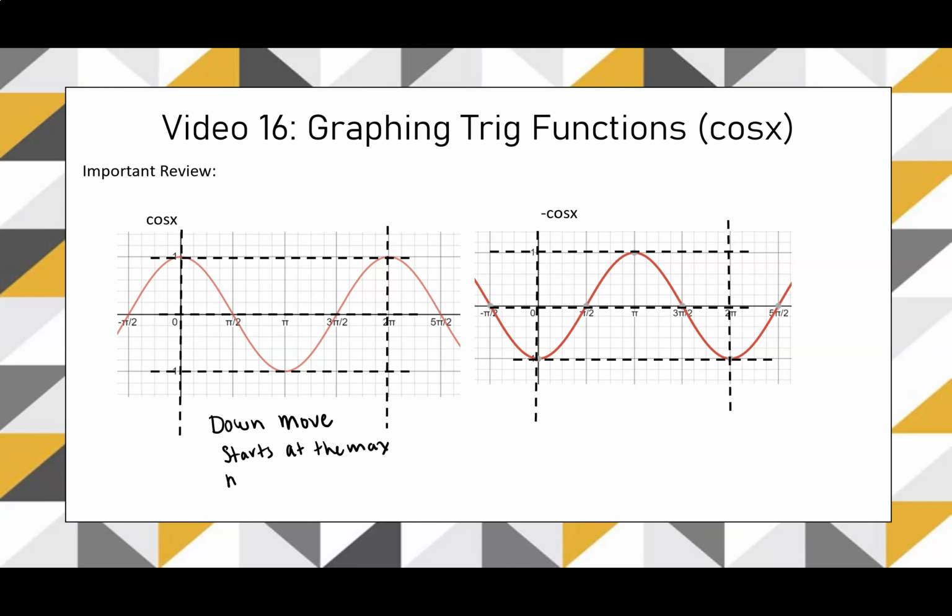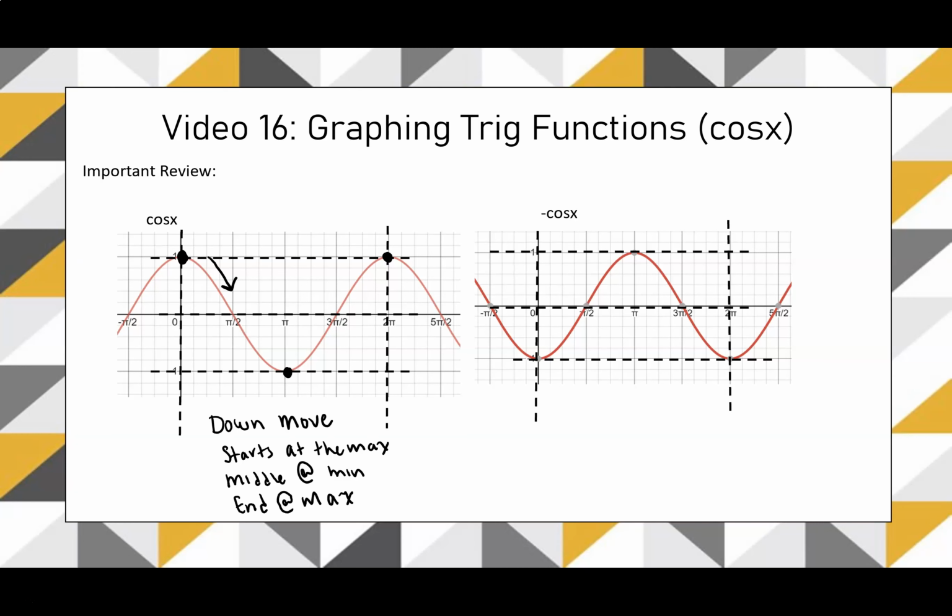We can also say the middle part is at the min, and then the end is at the max. If you're not sure what I'm talking about, I'm saying that our beginning is at the max, our middle is at the min, and our end is at the max. And notice that we are down moving first.